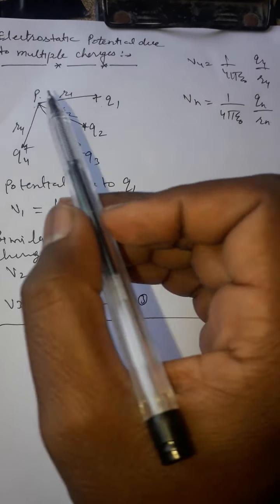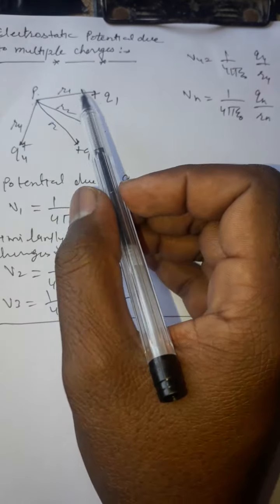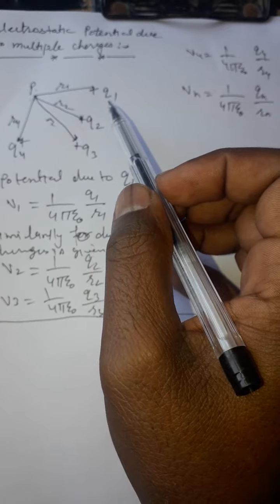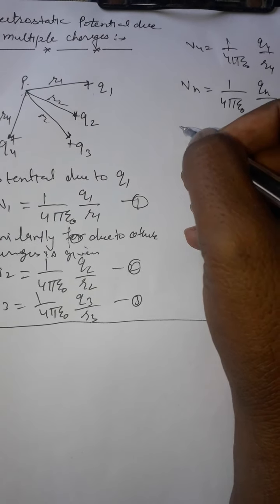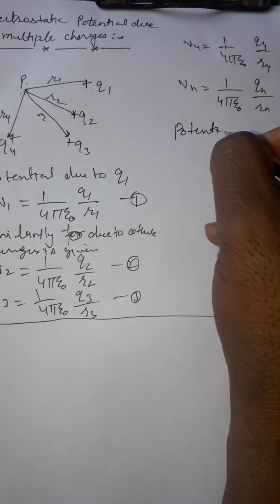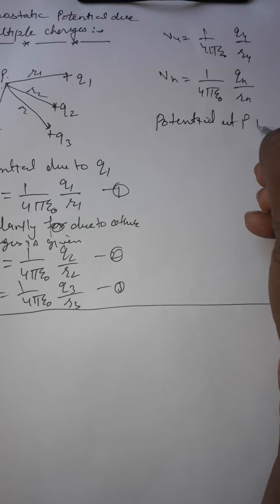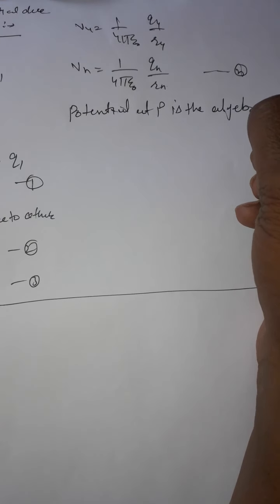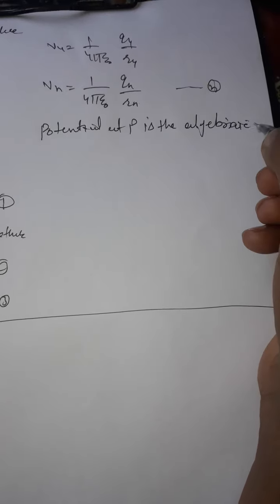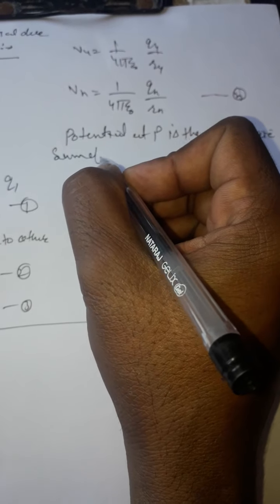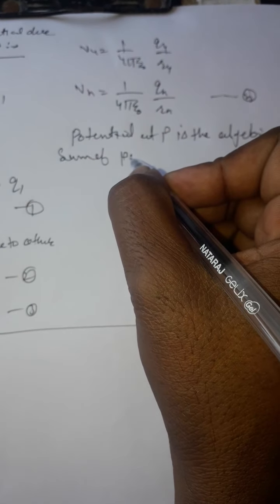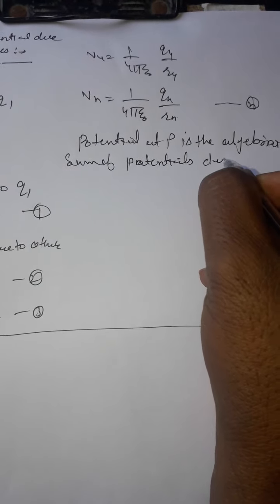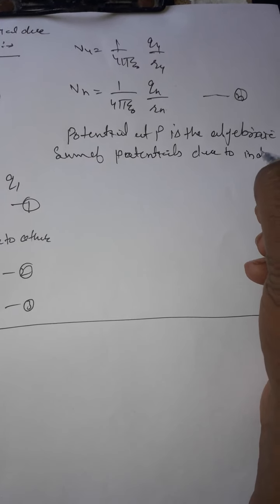According to this, the potential at a particular point due to a number of charges is the algebraic sum of the potentials due to individual charges.